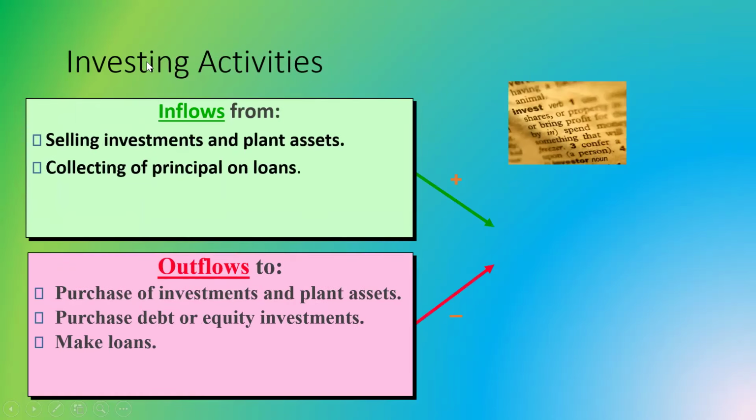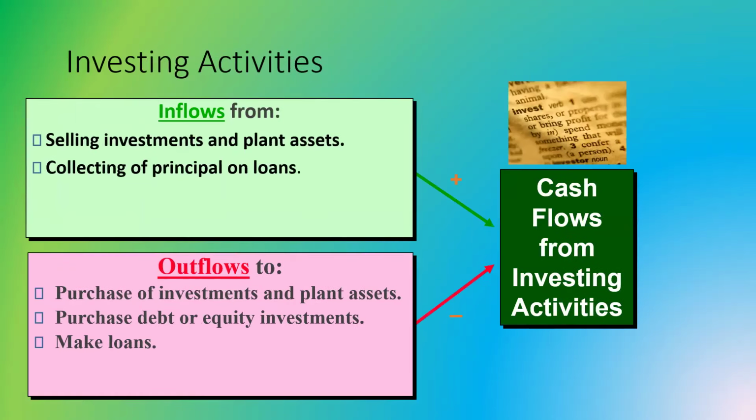Next we have investing activities, which represent cash transactions related to the acquisition, that is, the purchase and sale, of either long term assets or long term investments. These activities show whether the company is investing in its future growth by buying assets, or generating cash by selling or collecting on investments.